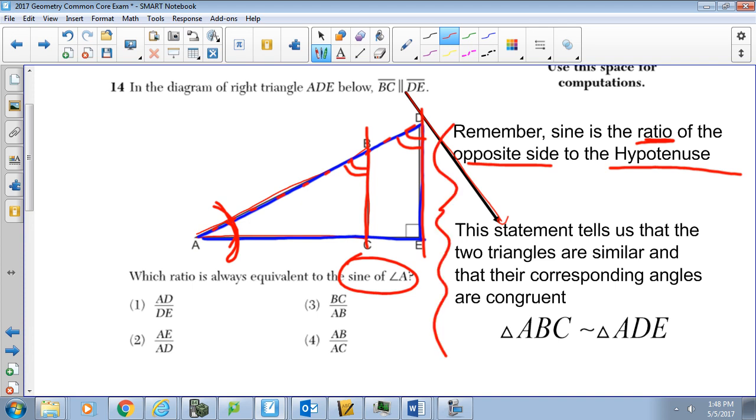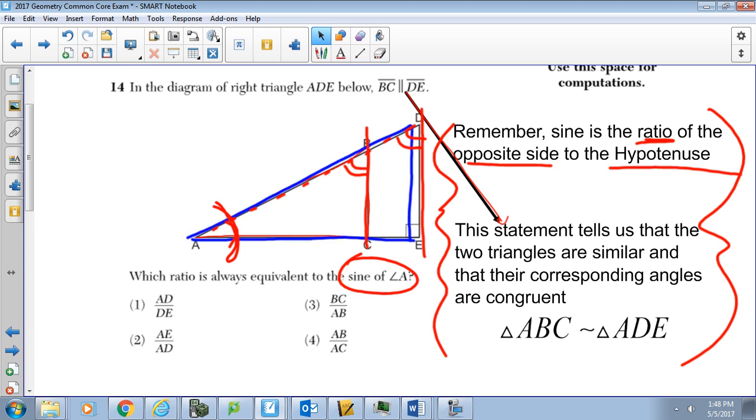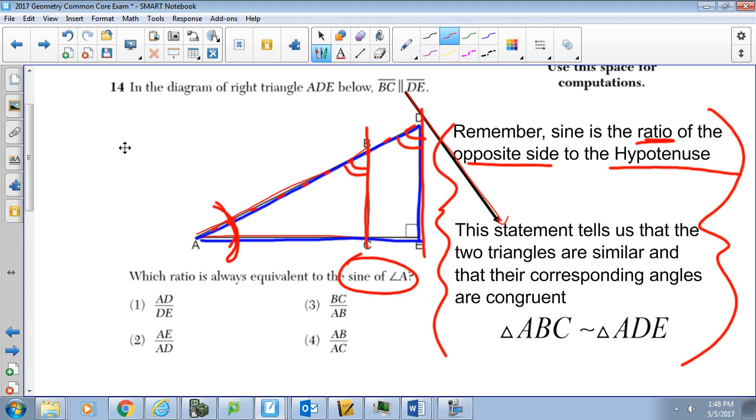You need to write all this down that I have here. Okay? So the opposite side to the hypotenuse. So it's either got to be the blue triangle, which would be, let's see, I'm going to erase some of this. Well, the opposite side over the hypotenuse of the bigger triangle here would be DE over AD.